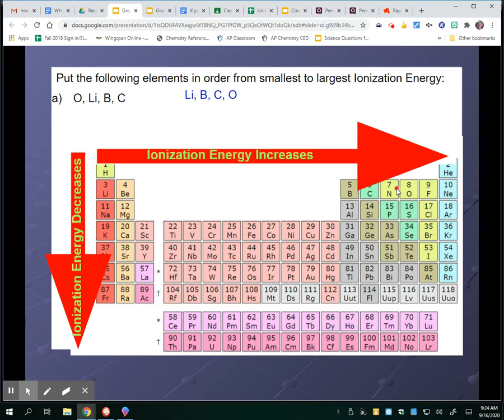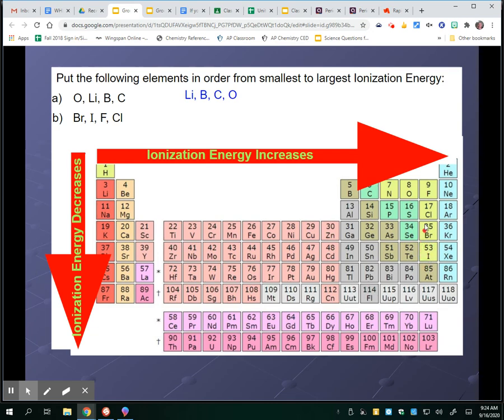The next one is a group trend, and it has to deal with the halogens over here. As we go down a group, ionization energy decreases. So the smallest ionization energy is going to be the one closest to the bottom.